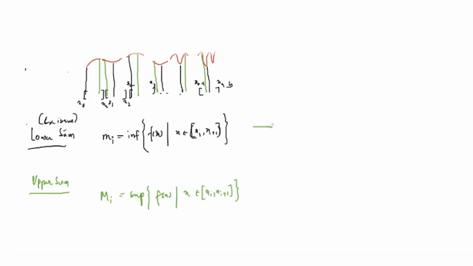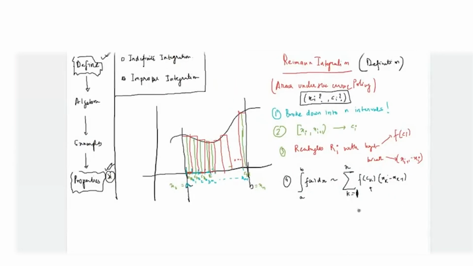And then they defined the sum as, initially it was what? Initially it was summation f of ck, right? So they replaced that random part, f of ck, for the lower sum, with mk times xk plus 1 minus xk. It's a mistake here, I guess.